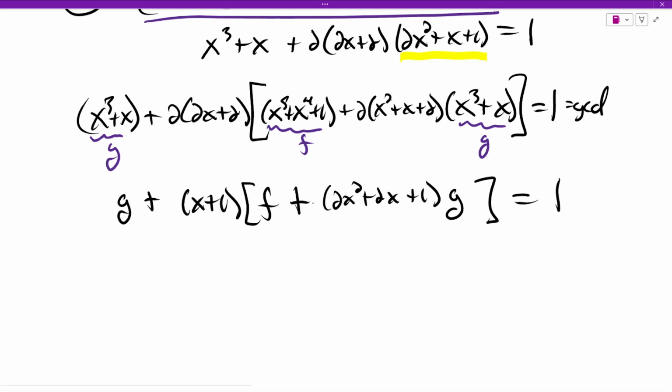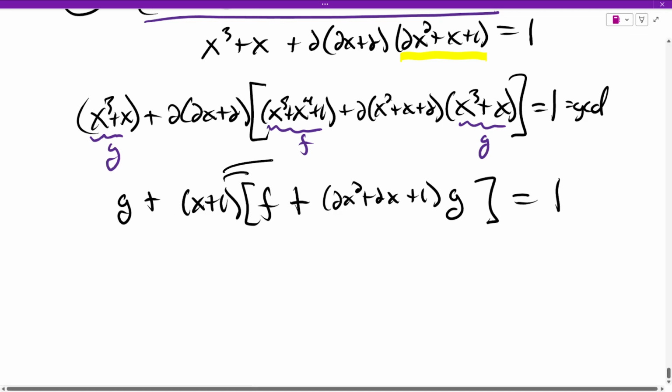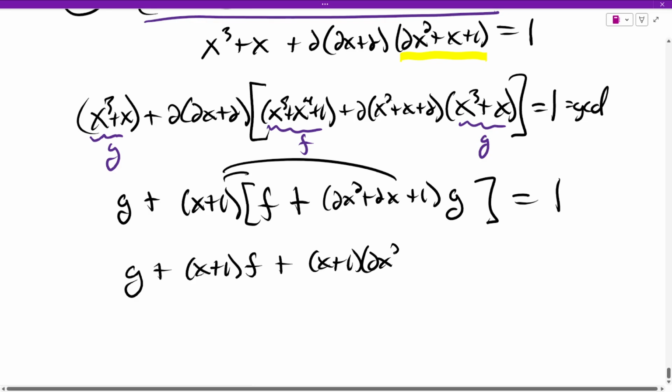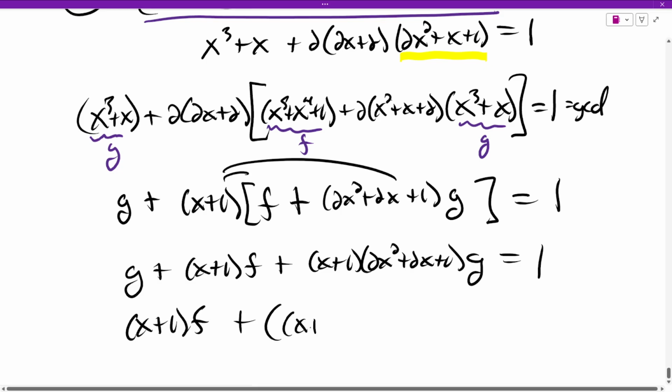All right, so now what do we have here? Well, we can multiply this through, and what we should get is x plus 1 times f plus x plus 1 times 2x squared plus 2x plus 1 times g is 1. And then lastly, we can combine the g's. So we have x plus 1 times f plus whatever this is. Kind of a lot to keep track of.